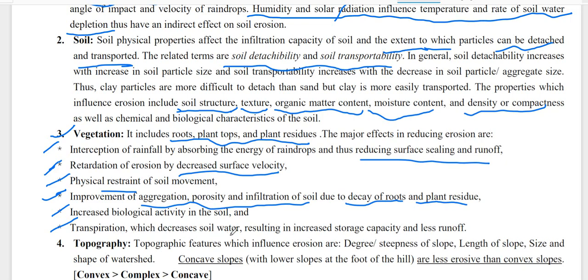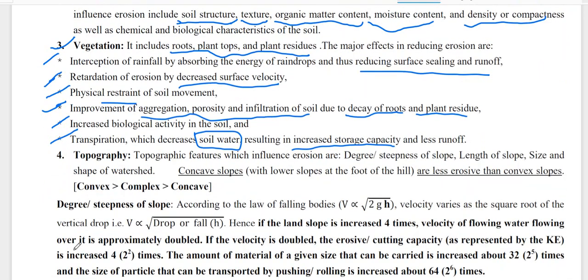It decreases the soil water. Soil water means that is in the root. It will increase the storage capacity, store water underground, then release it through the tree, that is the transpiration, and less runoff will be there. This was all about the vegetation.